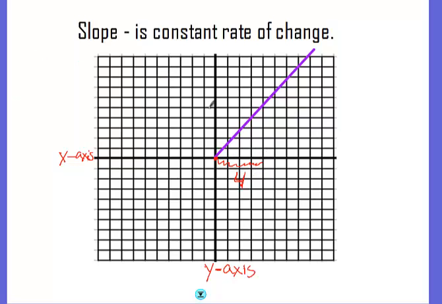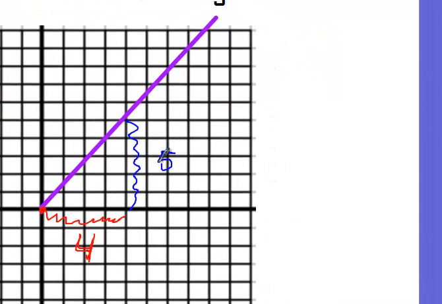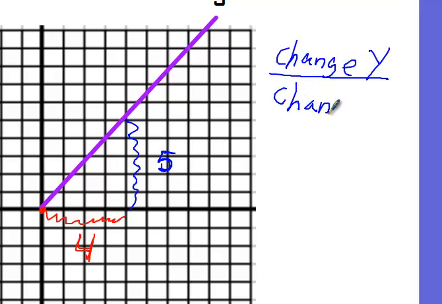Now, if we look at our y change, we're going to go up 1, 2, 3, 4, 5. So our change in y is 5. When we talk about slope, the way that we can define it graphically is the change in y over the change in x.